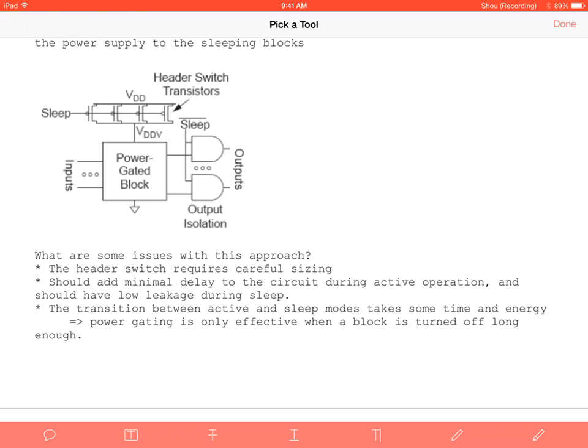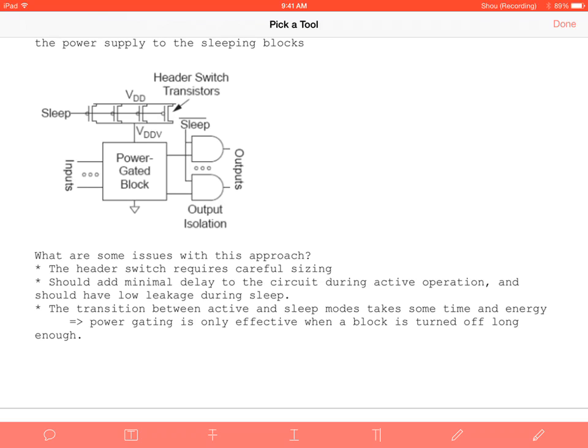Now we know that this activity factor applies to the capacitance. This transition between active and sleep modes takes time and energy because we have some sort of switch. We have to make it go fast in order to supply it. And additionally, if you don't have enough width, you can't cut off the supply voltage because these run in parallel.